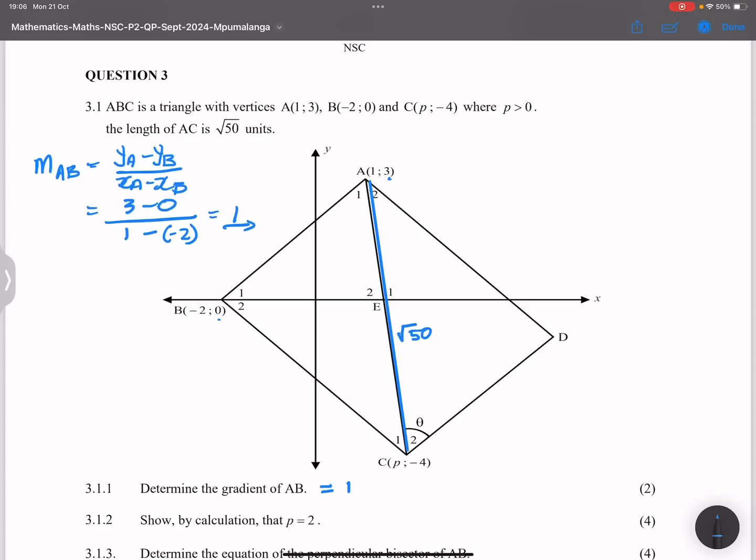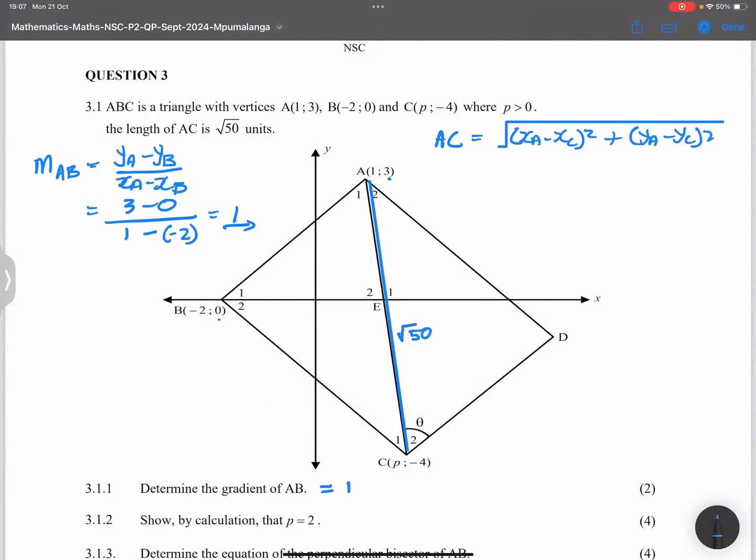So the gradient of AB is equal to 1. Now they say show by calculation that P is equal to 2. We've got the length of AC there, so we can use that length. If we take the distance formula, AC would be equal to the square root of (XA minus XC) squared plus (YA minus YC) squared.